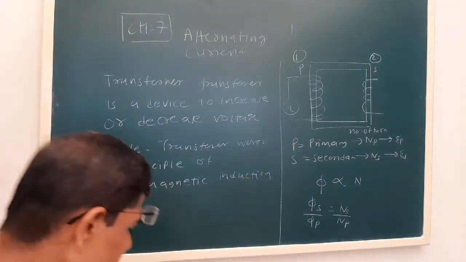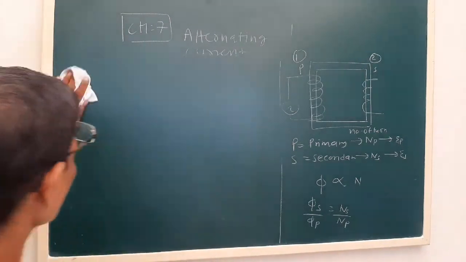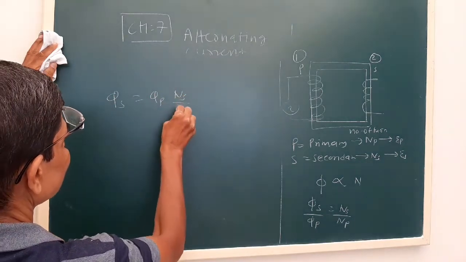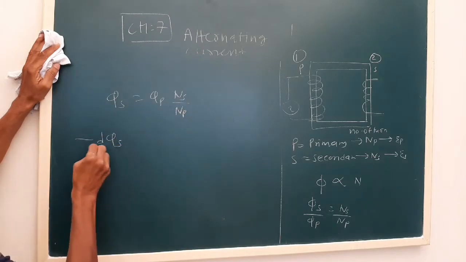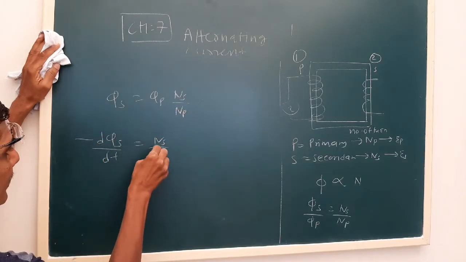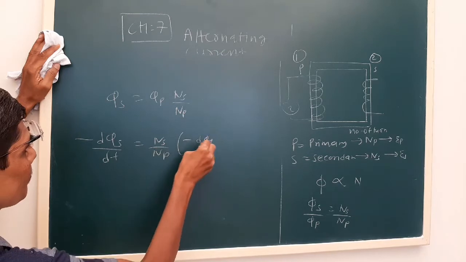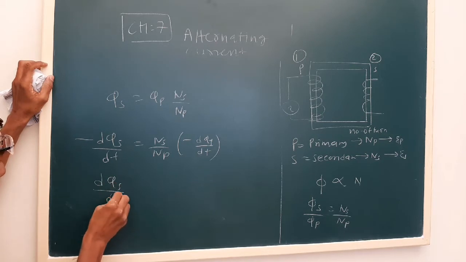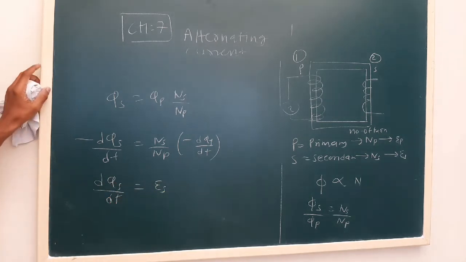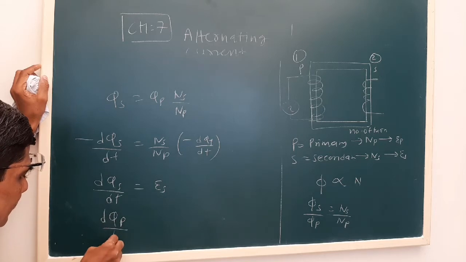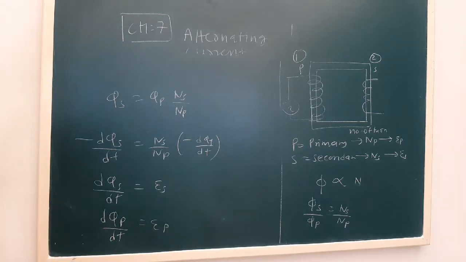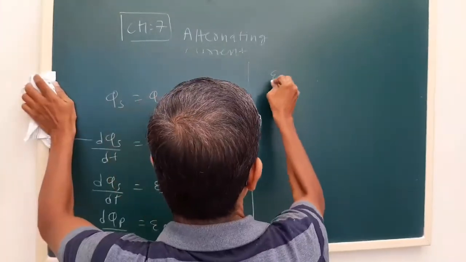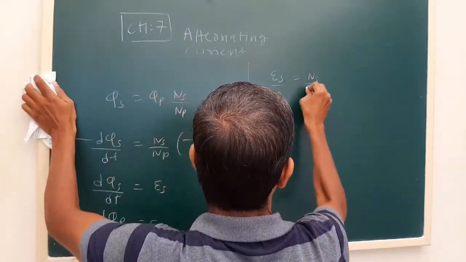Now by using Faraday's law, minus d phi s by dt is NS upon NP times d phi p by dt. Now d phi s upon dt is ES, and d phi p by dt is EP. So we can write ES upon EP is equal to NS upon NP.